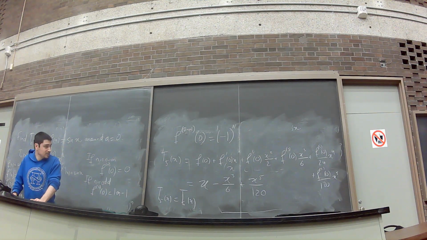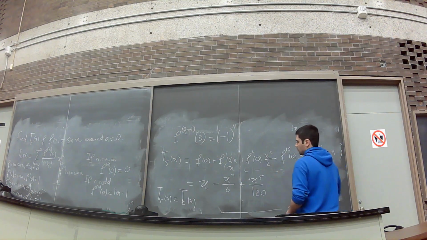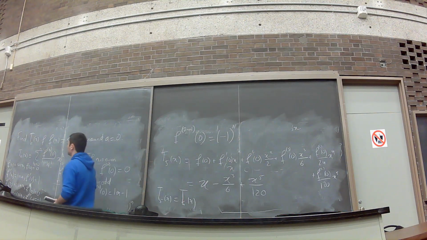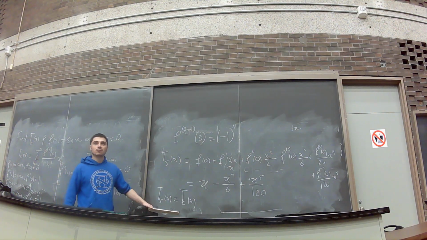Are you good here? Is it clear? So I'll let you find a general formula, although it's useless because we'll use a better formula. Find a general formula for n, if n is odd or n is even. It's not a very nice exercise.